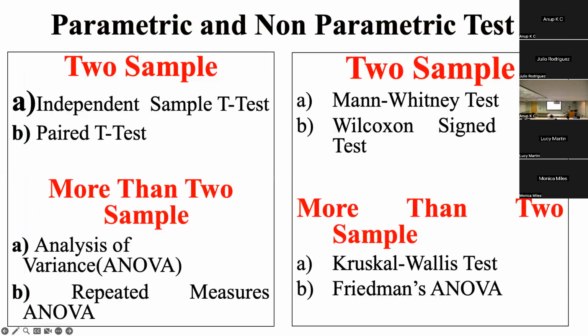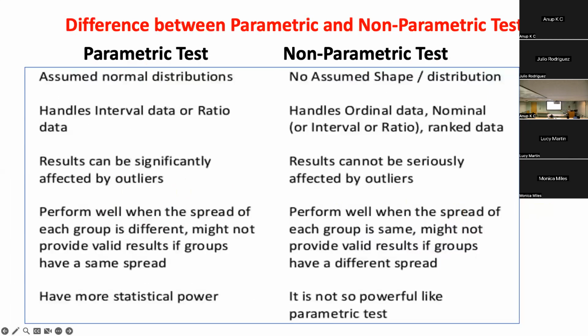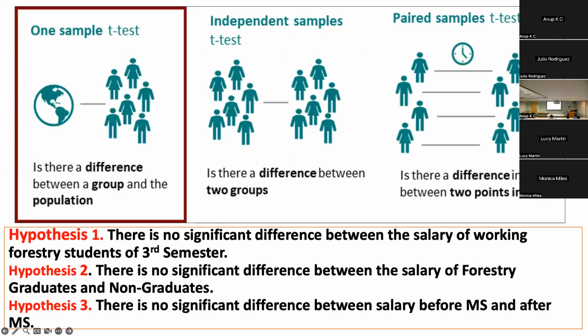Now today we will go for this t-test. You have to understand what a one sample t-test is and what a two sample t-test is. Many people get confused in the beginning on the t-test.